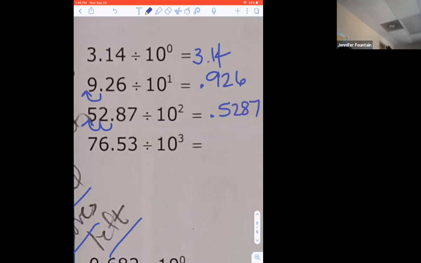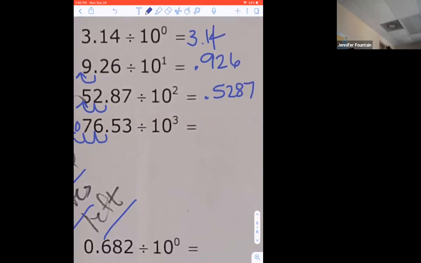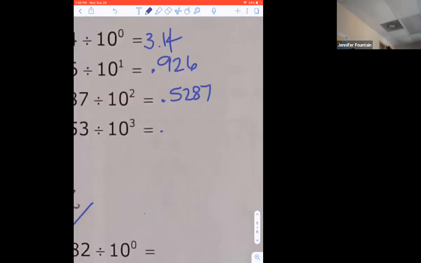And 76.53 divided by 10 to the third is the same as moving your decimal 1, 2, 3 places. So I have a decimal before, so 0.7653.